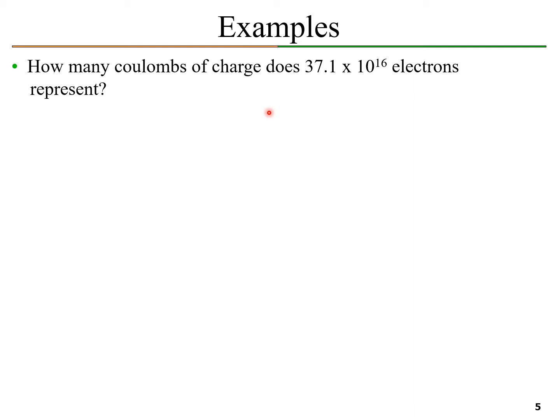Okay, so first, let's write down our conversion factor: 6.25 times 10 to the power 18 electrons per coulomb.